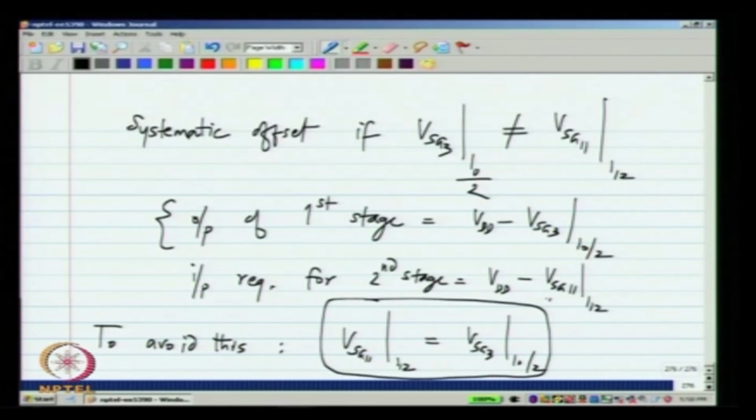Now, can we do this? We can certainly do that, because M11 and M3, M4 are all PMOS transistors.